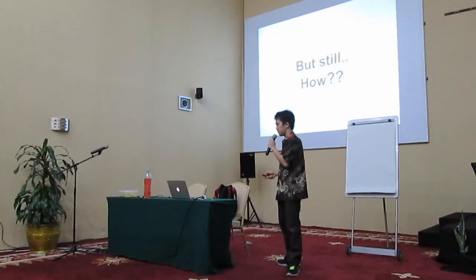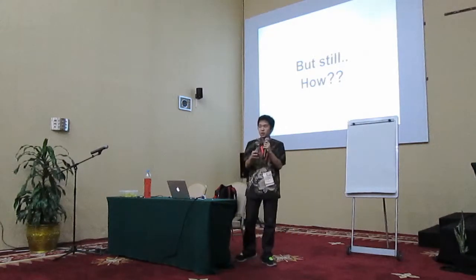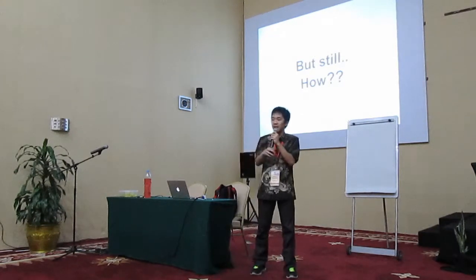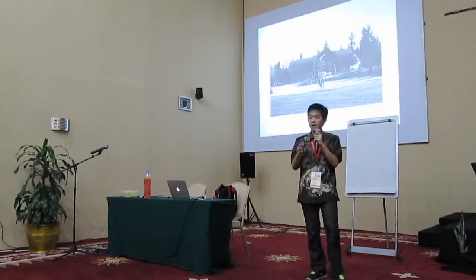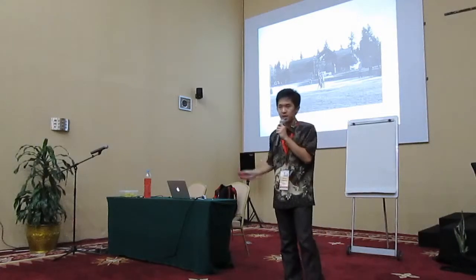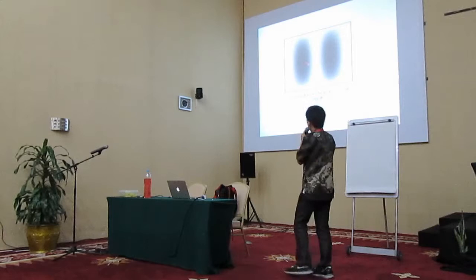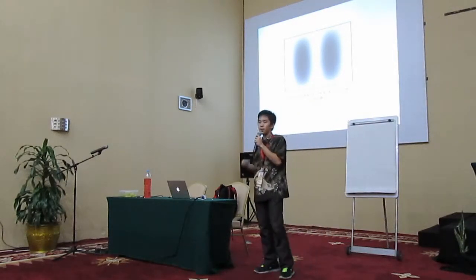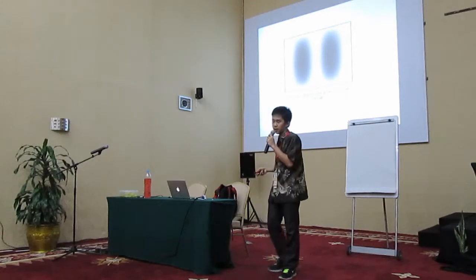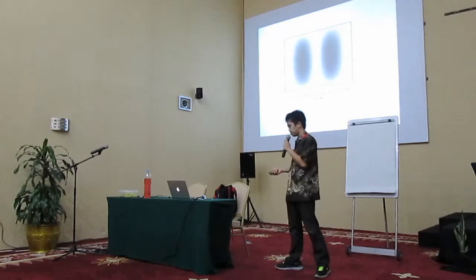But still, how do I combine both things? How do I apply the formula to both ideas? The first thing you need to do is convert an image into grayscale. This is an example of simple grayscale. The dark region and the white region are a mixture of black and white and form a gray cloud, forming a sort of grayscale gradient value.